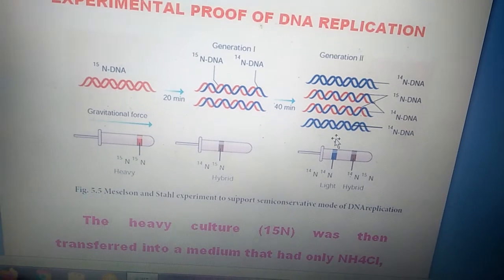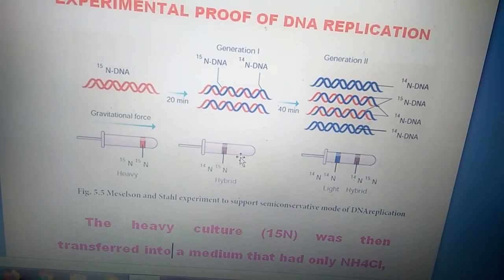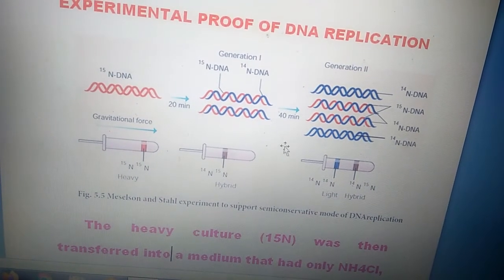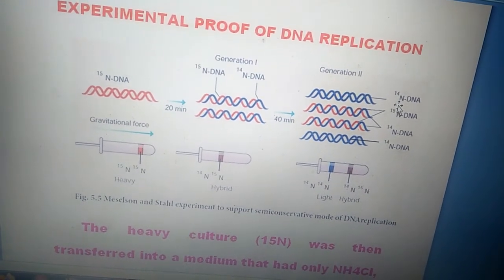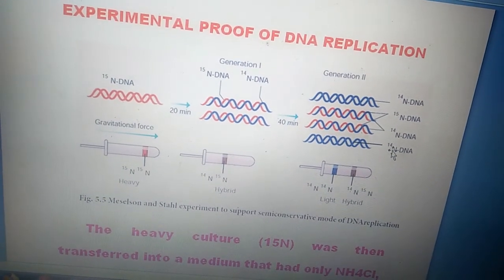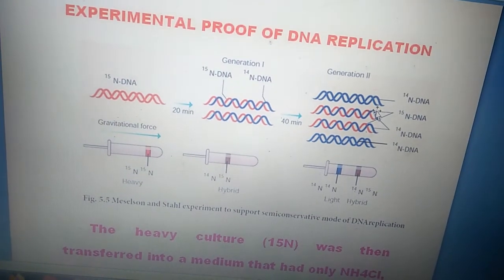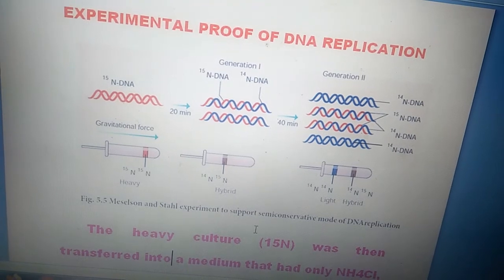The bacterial DNA in the heavy culture contained only 15N, and in the light culture only 14N. The heavy DNA could be distinguished from light DNA with a technique called cesium chloride density gradient centrifugation.